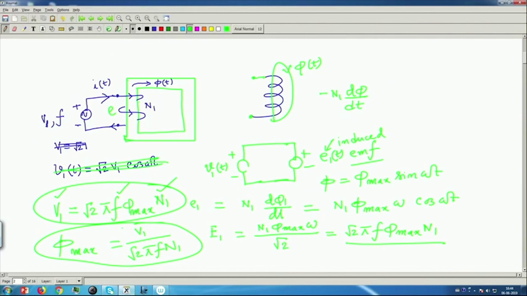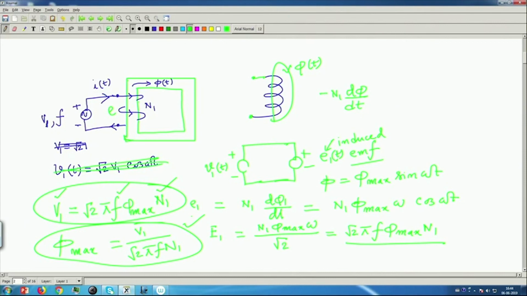But here, it is somewhat interesting. The moment you connect an AC voltage V 1 and frequency f, I can tell you the flux is sinusoidally varying. What is the maximum value of that flux? It is fixed, it is this one. Therefore, how much phi max will be produced inside the core is decided. I do not have any control over it. In fact, I will go a step ahead.